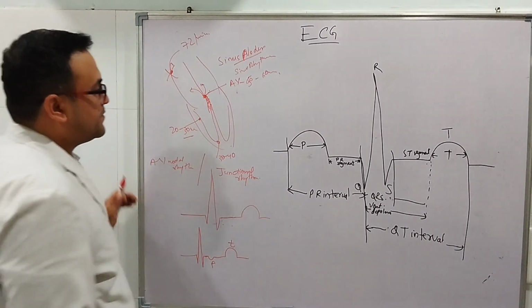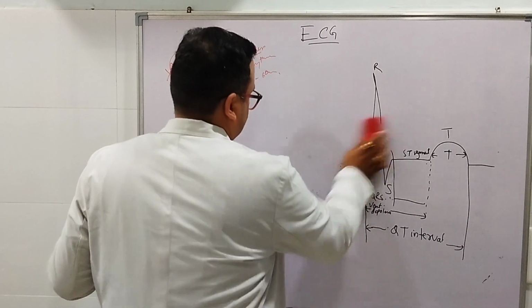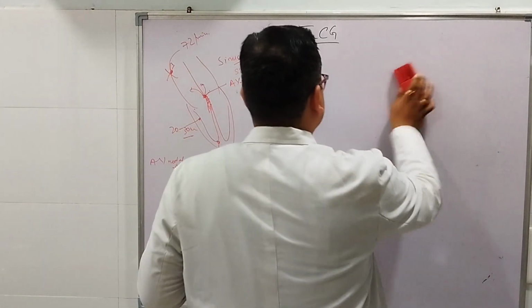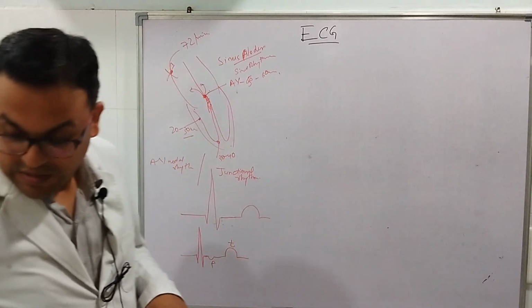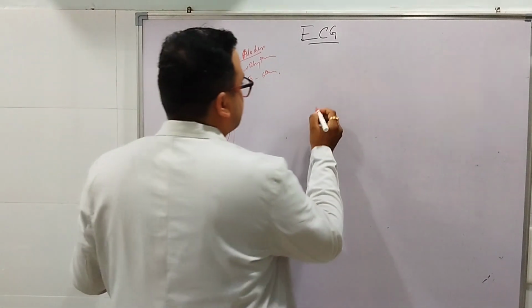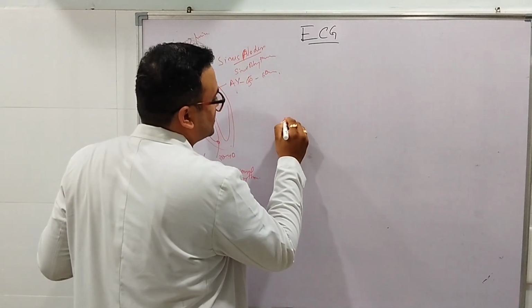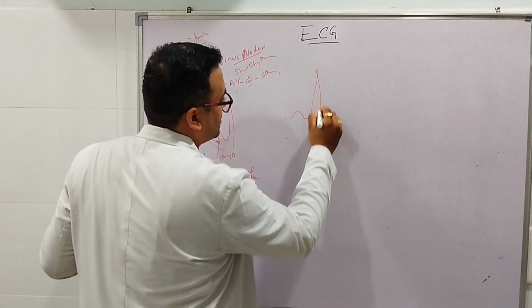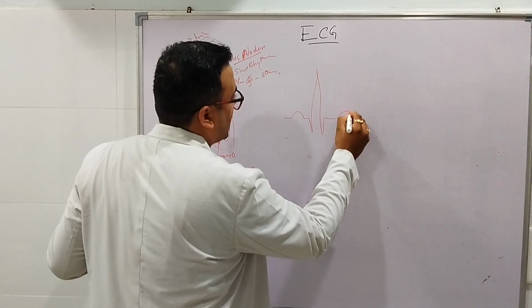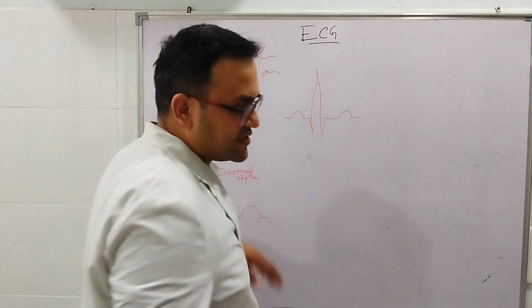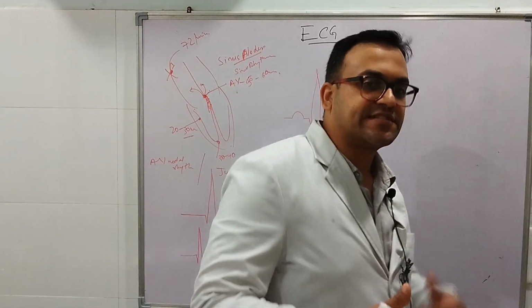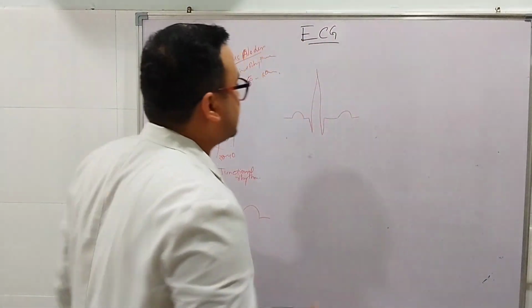Next is sinus arrhythmia. In young people, or in certain conditions, what happens is that with breathing the heart rate changes, and that shows up in the ECG.